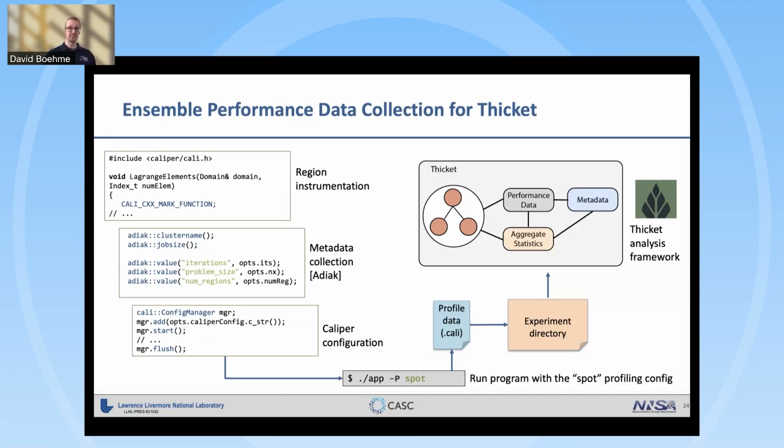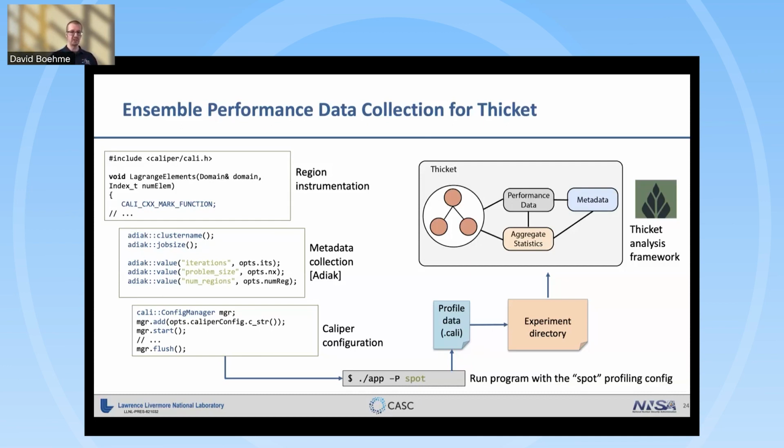We need three steps. First of all, we're starting out again with region instrumentation, annotating the code with Caliper instrumentation calls as usual. But in addition to those region instrumentations, we're also adding program metadata annotations. These tell us more information about each individual run, and that helps us compare and analyze all the data that we have across all the many different runs of our application.